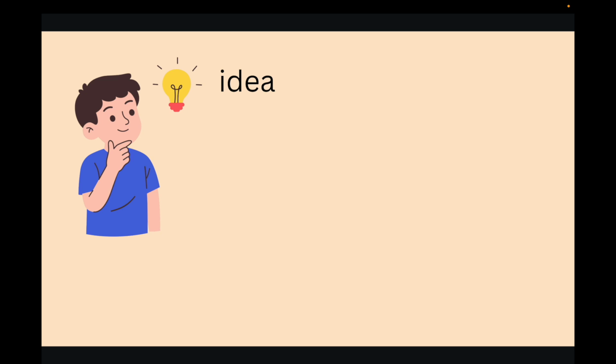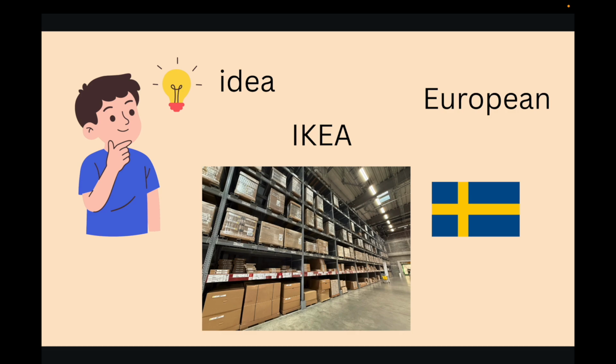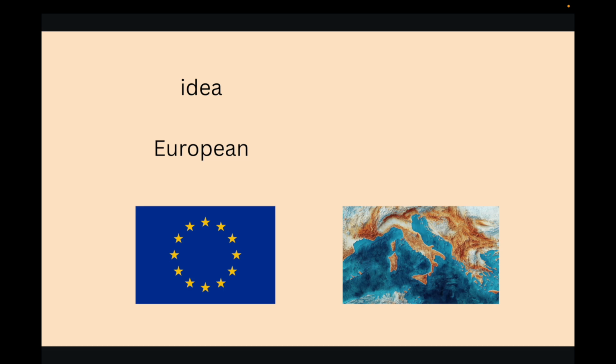The same kind of sound occurs in these words, idea, IKEA, which is a Swedish company, European, which is a European country. The strong part of the word is on the E. Idea, IKEA, European. The words idea and European look like the words area and Mediterranean.